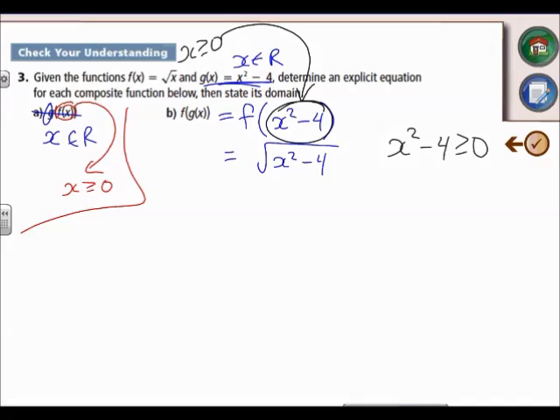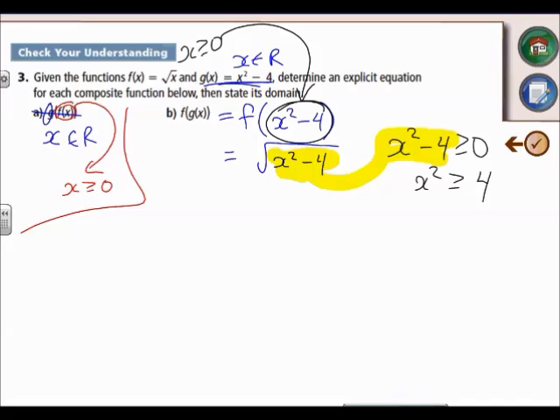Or you could say, let's look at the equation. I can't take the square root of the negative number. That means x squared minus 4 has to be greater than or equal to 0. It comes to the same thing. Two different methods of thinking about it, though. That's all it is. So x squared greater than or equal to 4.